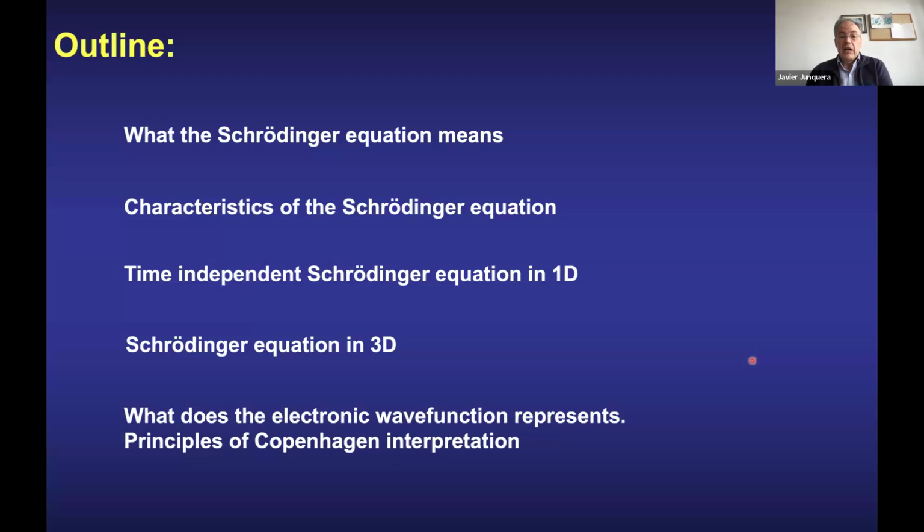And finally, I will describe the meaning of the electronic wave function and the principles of the Copenhagen interpretation. As you have seen, it is very important to solve the Schrödinger equation to know the properties of a system. And today, what we are going to do is to examine this Schrödinger equation starting in a very peaceful way. So that's the first thing that I will describe here.